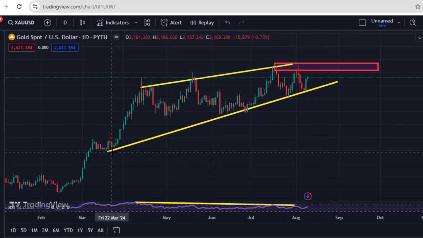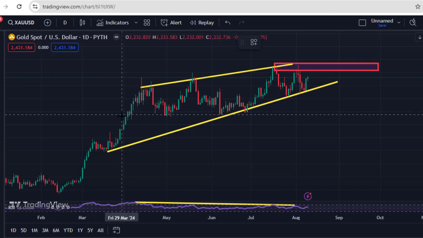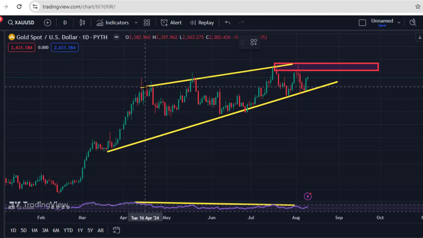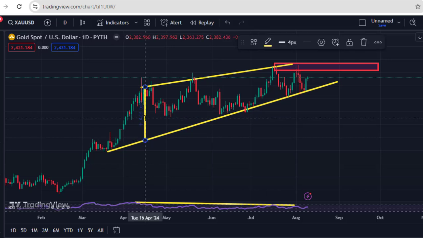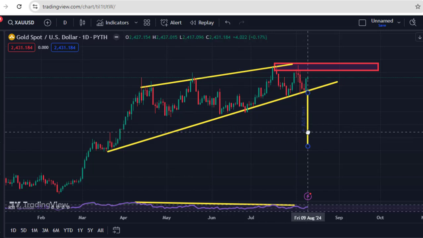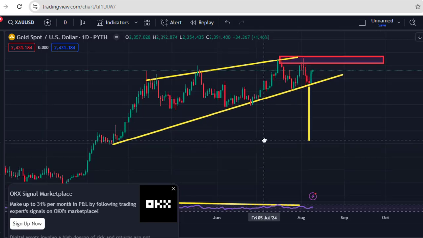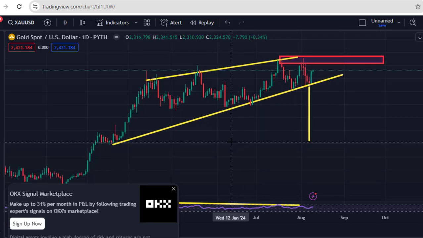Since the market moved from here all the way upward and we have a base here, the target is going to look at this very formation. From here to the base at this very point, this is where you should expect the target to reach after a breakout. So from this very point, we have a breakout at this very area. Expect the market to come into this very zone of important support.